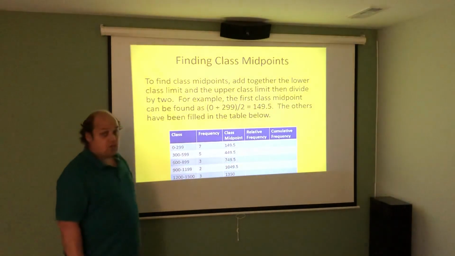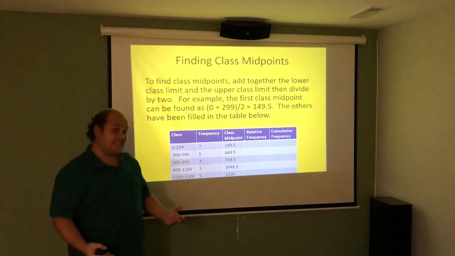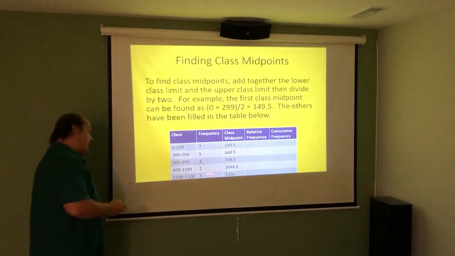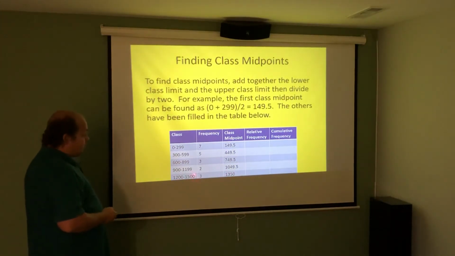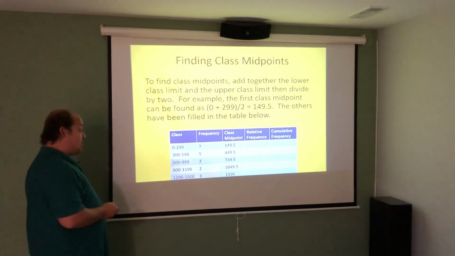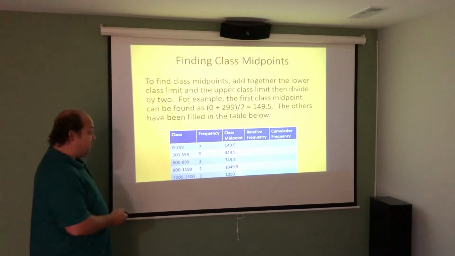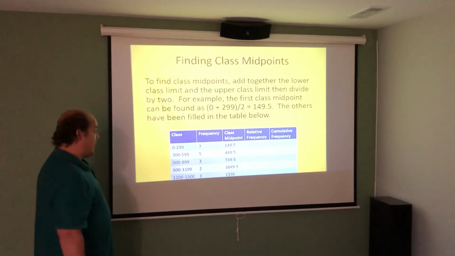So each of those is really just plus the class width. That said, the final class won't work that way. Because the final class went to a little more, this doesn't follow the just add 300. You would have to add these two together and divide by 2 in order to get this number. So you can follow that pattern for everything up until the final class.